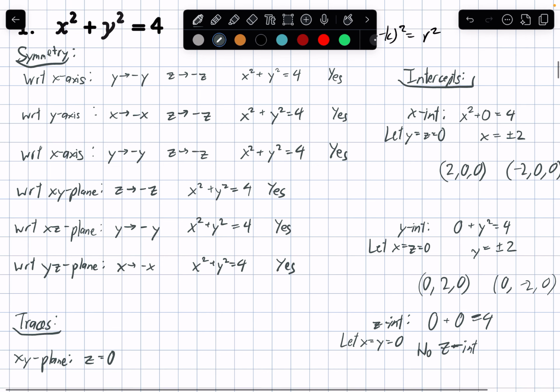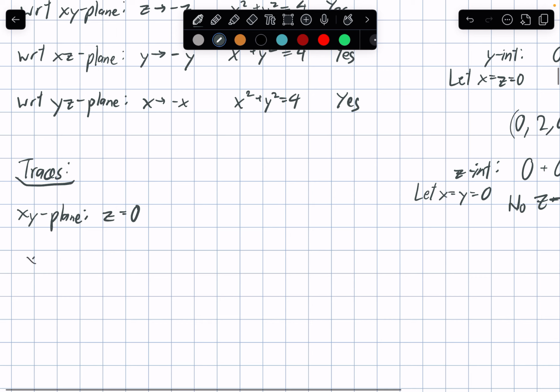So what do we do? We just copy the equation. And you're supposed to explain that this is a circle, right?